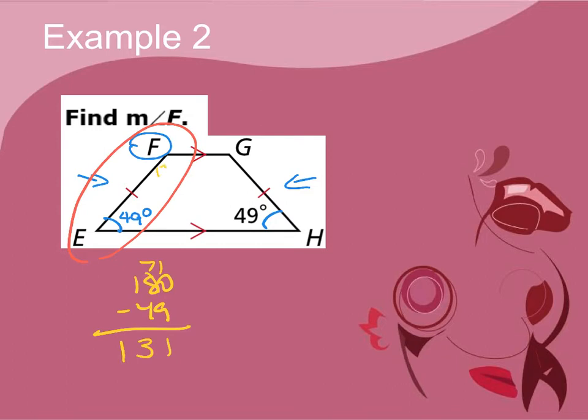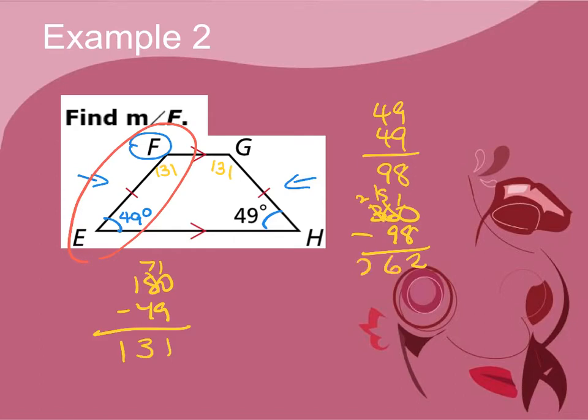So this angle is 131, and so is angle G. The other way would be to add 49 and 49, get 98, subtract that from 360, and I get 262, divide it by 2, and get 131. Either way, there's usually more than one way to do these.